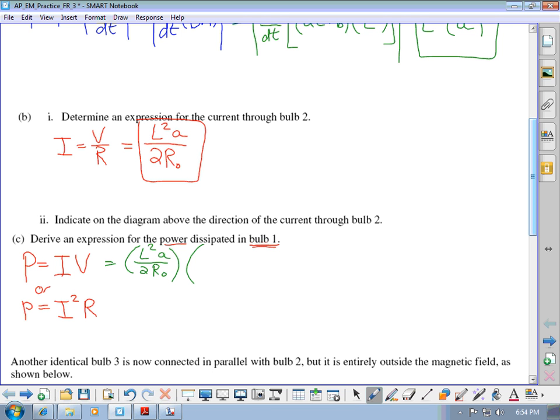But since this is asking for the power dissipated in just bulb 1, again, these two light bulbs are in series. It's weird to think of them as being in series because we don't see a battery. But this changing magnetic field is acting as if it was a battery that was inserted in that wire. And so the voltage across just bulb 1 is half of the induced voltage.